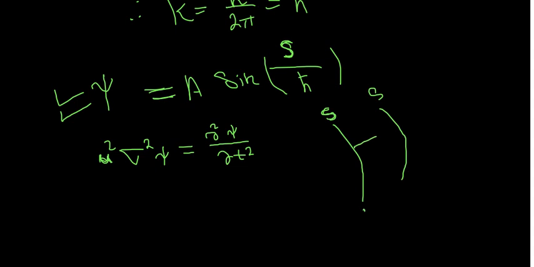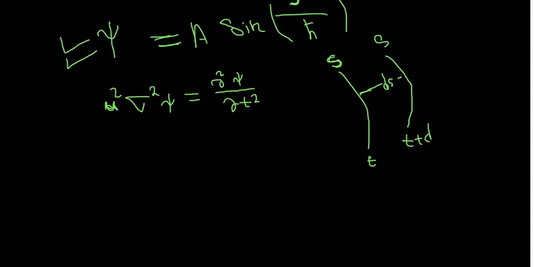At time t it is here, and at time t plus dt it is there, and this distance is ds, right? This level surface has moved, and now we want to get the speed of this phase, the phase speed, u. So u is actually nothing more than ds over dt.